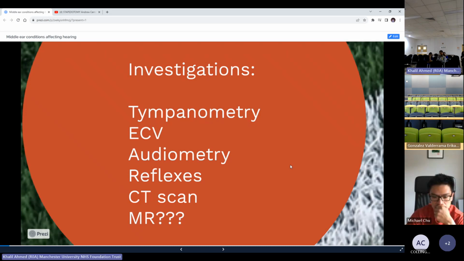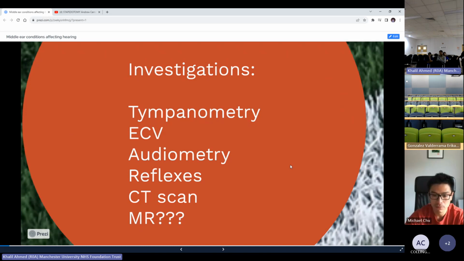Yeah. So with a perforation, if you get a type B tympanogram, you then want to look at the external canal volume, because there are lots of reasons to get a type B tympanogram. I can think of 5. So we've just heard one from Wythenshawe. Okay, perforated ear.